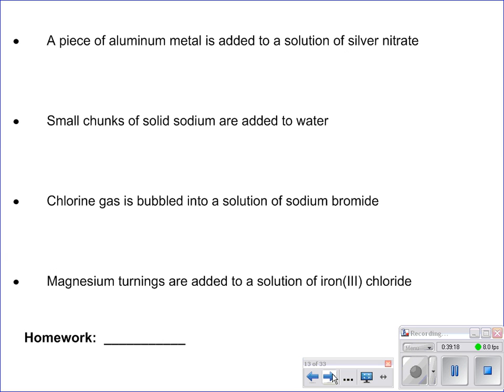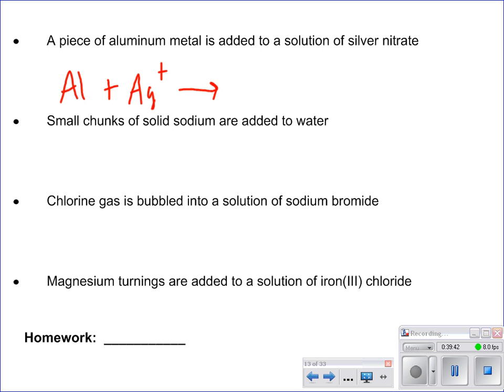Let's just jump in and do these problems real quick. A piece of aluminum, and we still follow the same rules we did before, is added to a solution of silver nitrate. Do I write down the silver nitrate? It's a solution, so I don't write nitrate unless it's nitric acid, right? So what do I write? Ag plus.